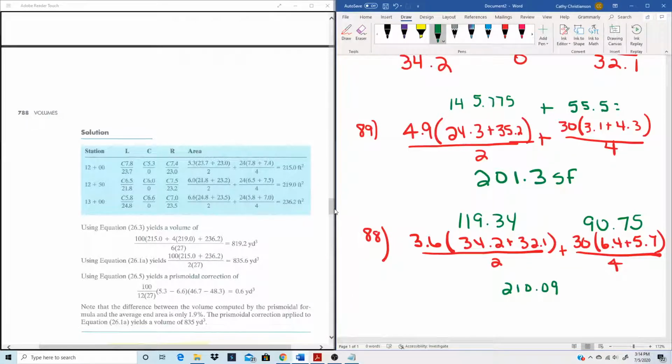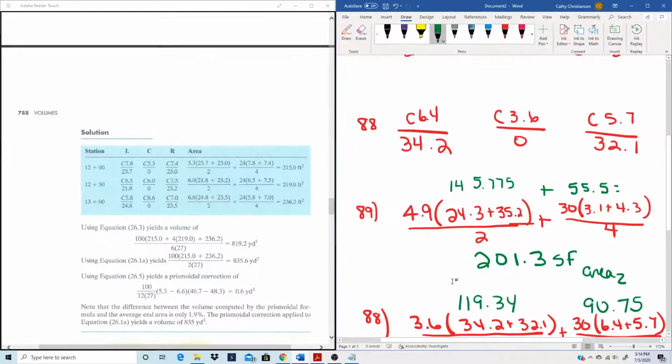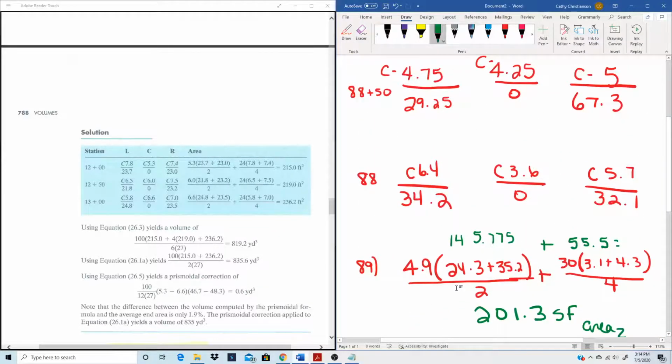They put 210.1, so we'll call this one area 1, area 2. It doesn't matter which one you call area 1 or area 2, you're going to get the same.